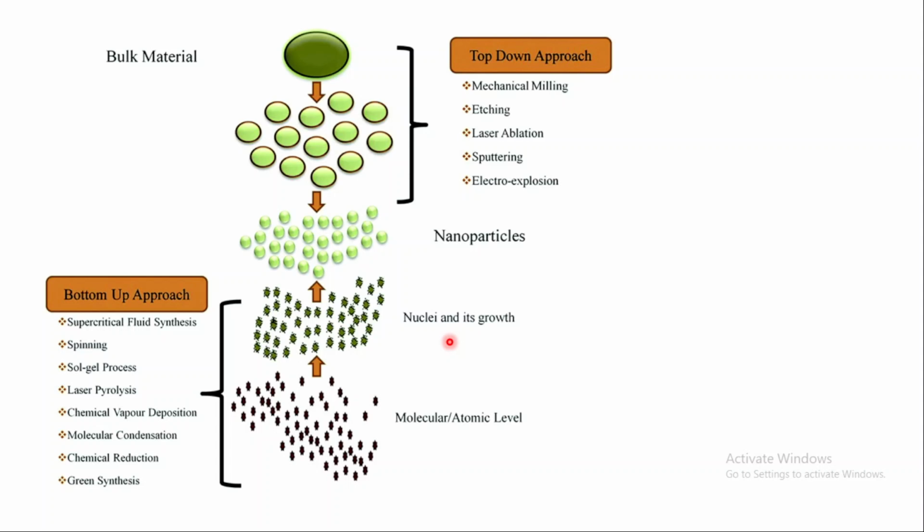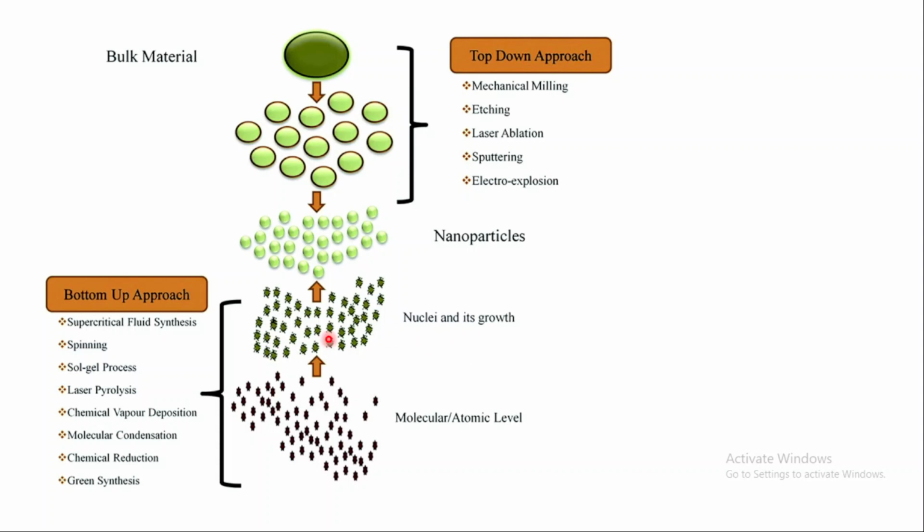And the bottom up approach, we start from the small material itself and then grow it into the nanoparticle. So in bottom up approach, we start at molecular atomic level and there is a process called nucleation and its growth. So nucleation is a point of start of synthesis, point of start of accumulation or changing the property of the molecular level precursors into the desired nanomaterial, and then the nanomaterial is grown.